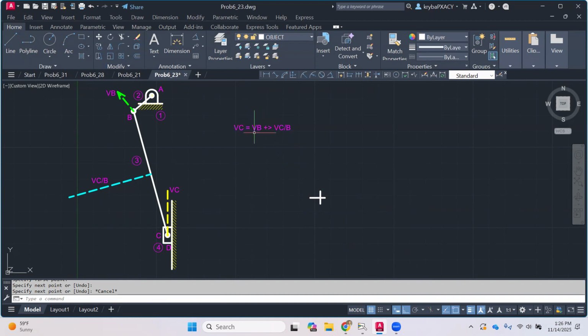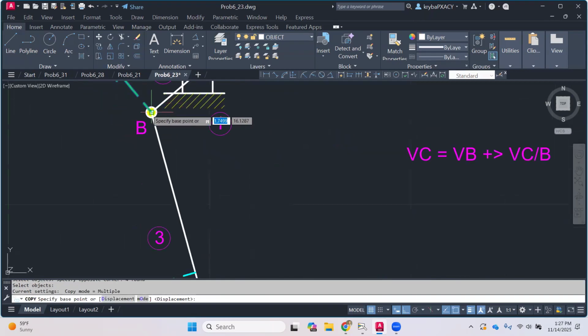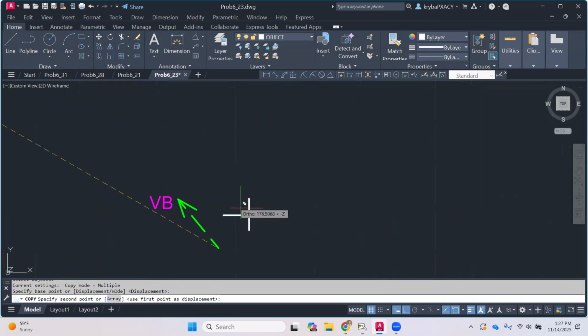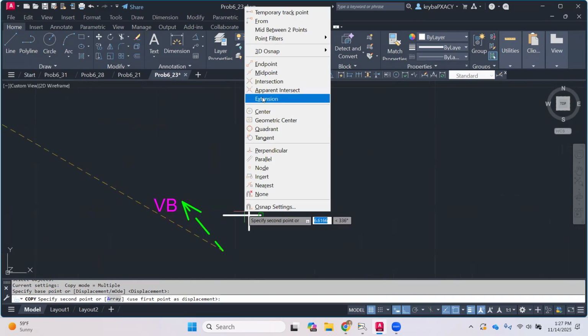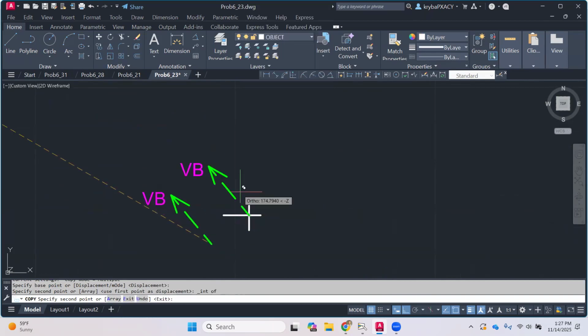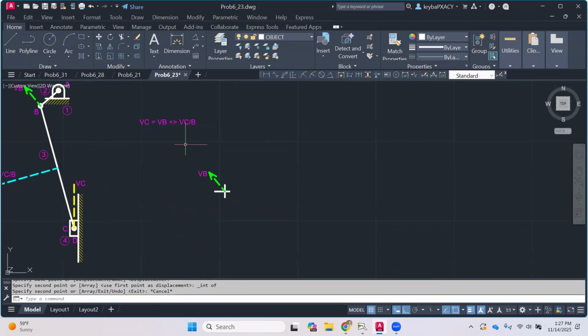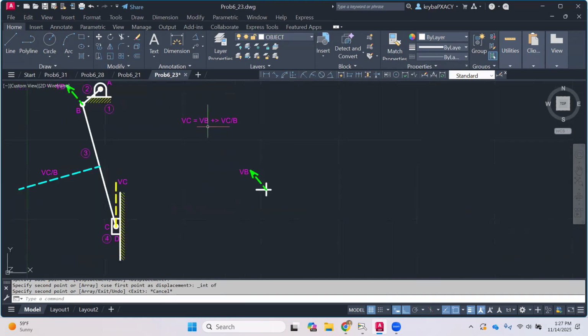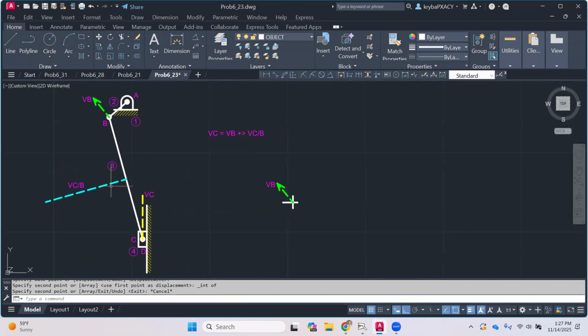We know the magnitude and direction of velocity of B. So I'm going to copy my velocity B vector, and I'm going to start its tail at the intersection of my origin. Right there. Okay, velocity of B. Then on the tip of B, I'm going to add the direction, the orientation of the velocity of C relative to B. So I'm going to finish out the right-hand side here. So I'm going to do a copy.